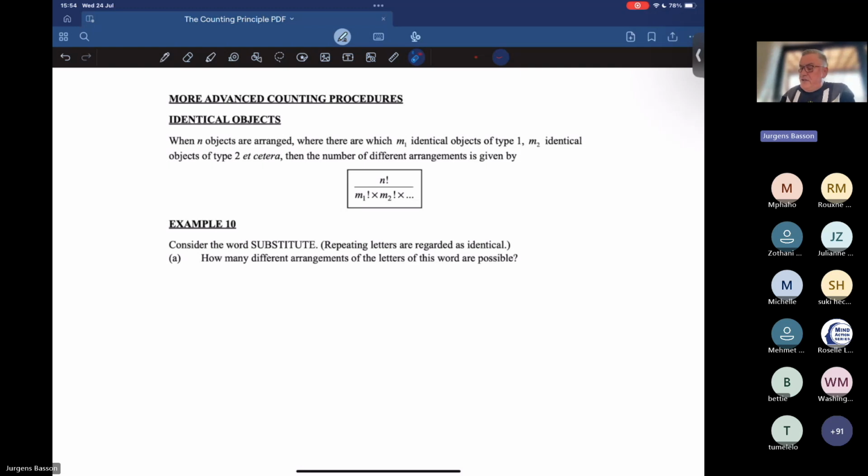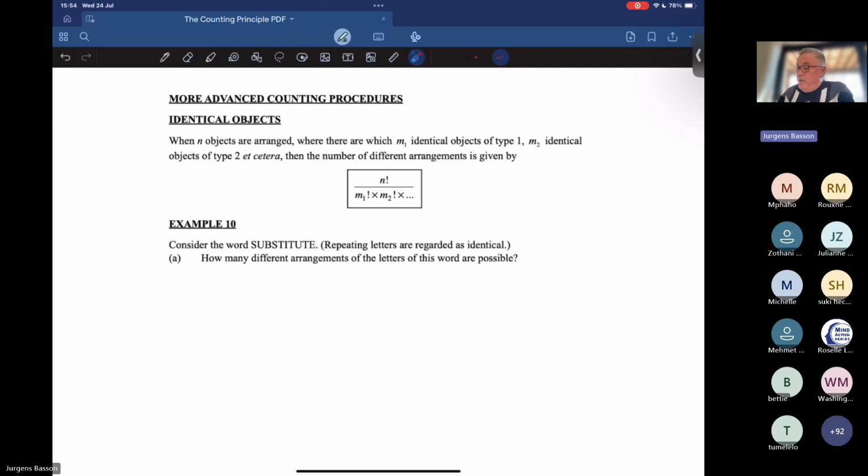What is different in this question, if you look at the word, you will notice the word is SUBSTITUTE. That is where letters repeat. You'll remember when I did the problem on EQUATION with you, all the letters were different. And I mentioned to you, we will get to those where the letters repeat. Now, SUBSTITUTE has letters that repeat.